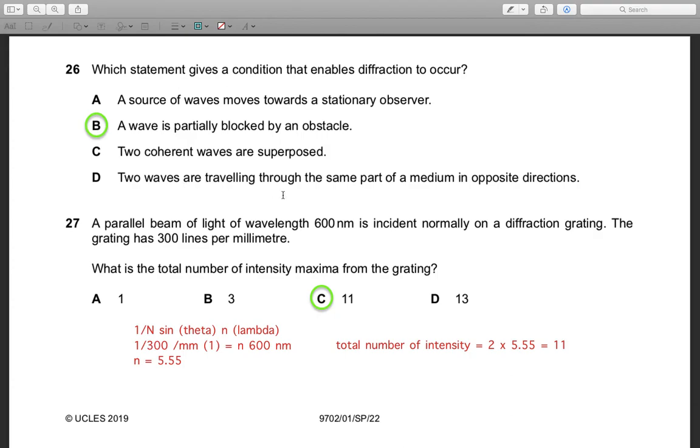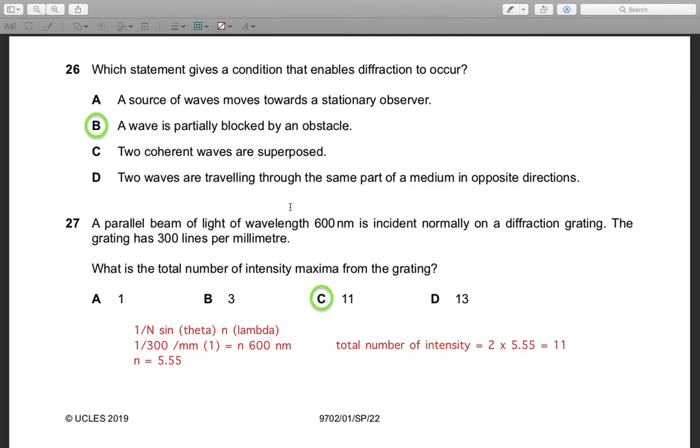Two waves traveling through the same medium in opposite directions is also about superposition, but the waves become zero in amplitude. That is destructive superposition.